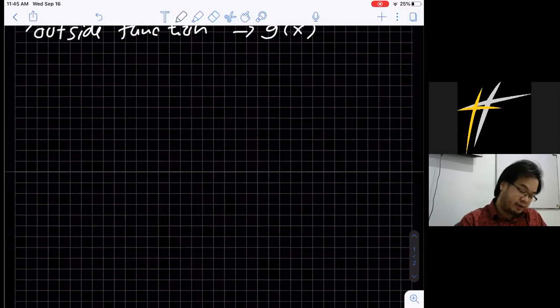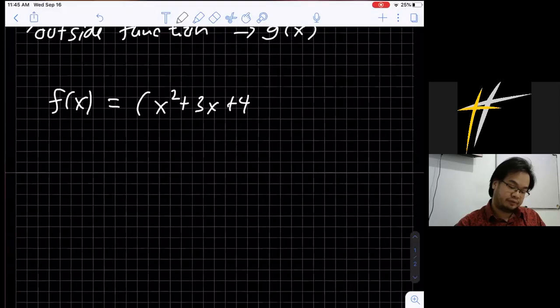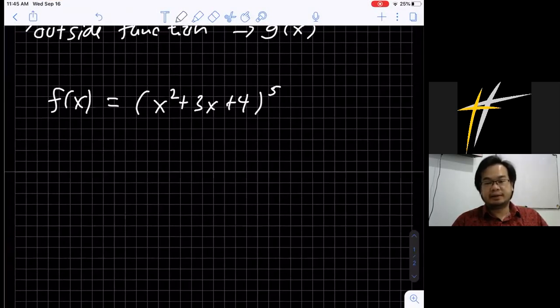Let's say I have a function f(x) = (x² + 3x + 4)⁵. It's gonna be hard to expand it one by one, open the parentheses and expand the power of 5, and then differentiate it with addition or subtraction of power functions, right? So be aware that actually this is a composite function.